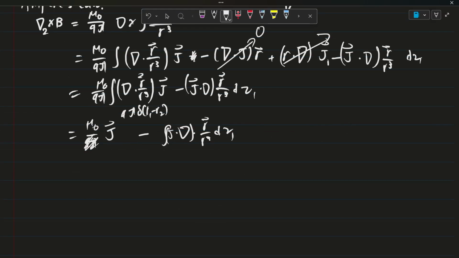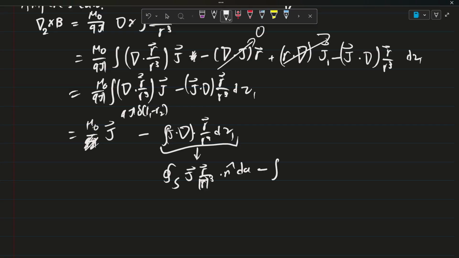What you can do with the right-hand side is that this is very similar to an important vector integral theorem, which would end up to be the closed integral over the surface of the j vector times the r vector over r vector length cubed times the n hat dA.